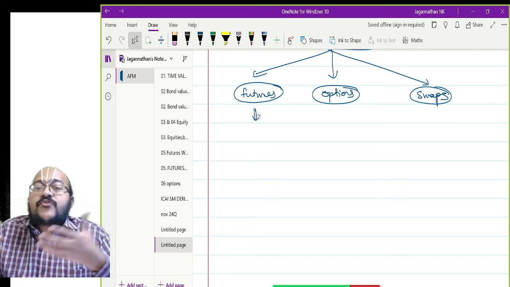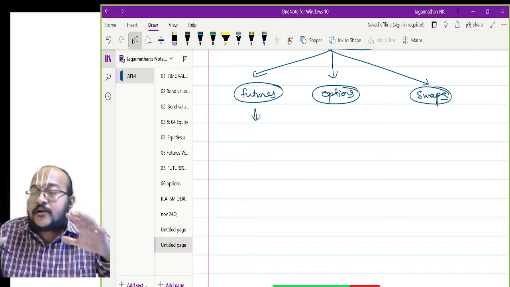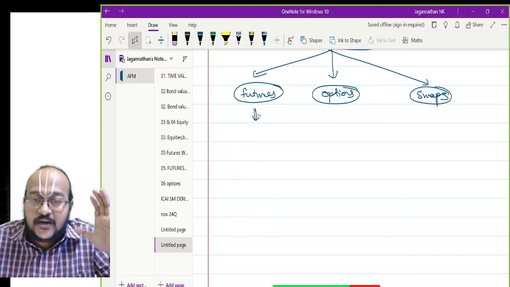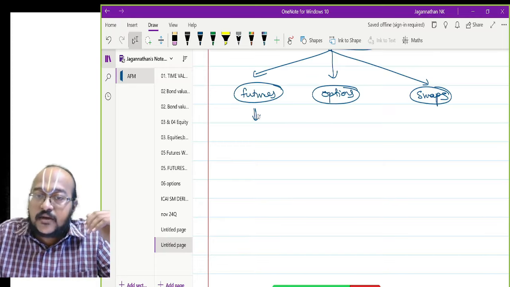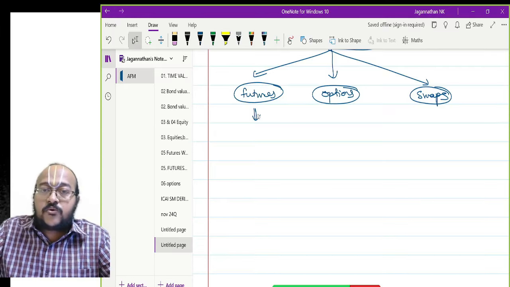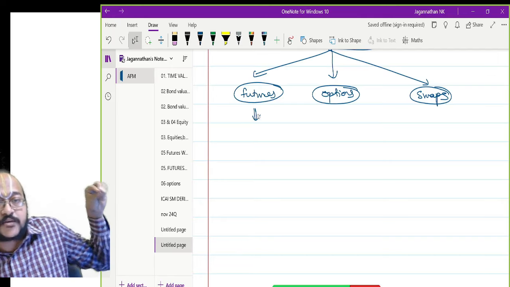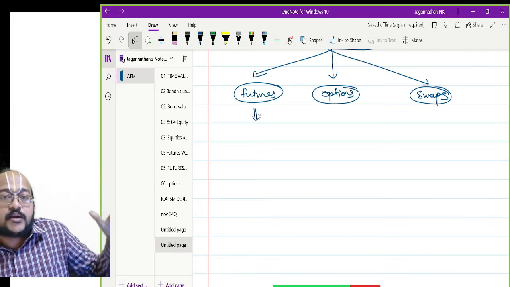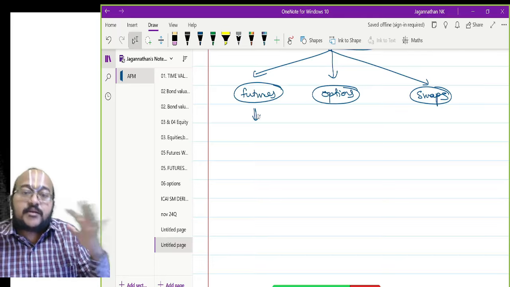There are different types of underlying asset. It might be equity shares, it might be bonds, it might be currencies like yen, dollar, euro, or interest rates. A separate chapter on interest rate risk management will show you that interest rate itself is an asset.